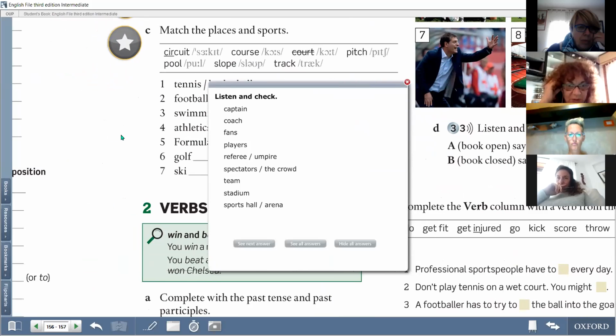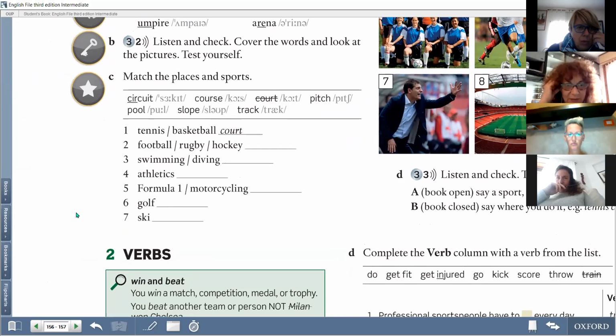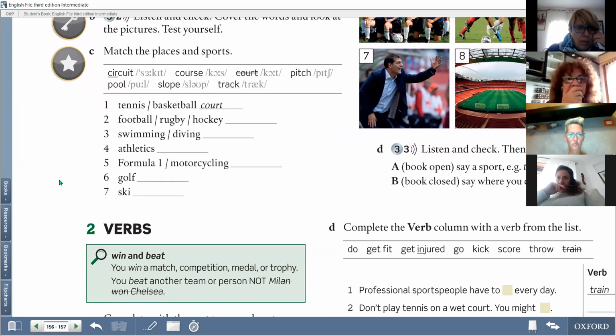Okay, we do it like this, the old manner. So we have tennis or basketball, we call it the court. How do we call the football, the rugby, and the hockey place?